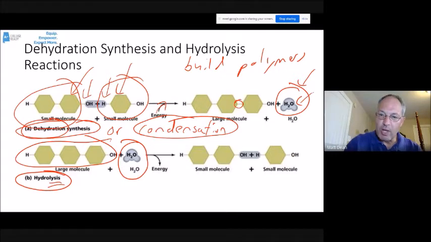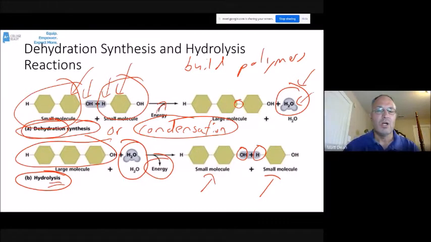And we can see the OH from the water ends up attached to one piece of the macromolecule, and the H ends up attached to the other piece. Point being, hydrolysis reactions split or break large macromolecules down into monomers or smaller pieces. Typically, these reactions are going to release some energy when the bonds are broken.